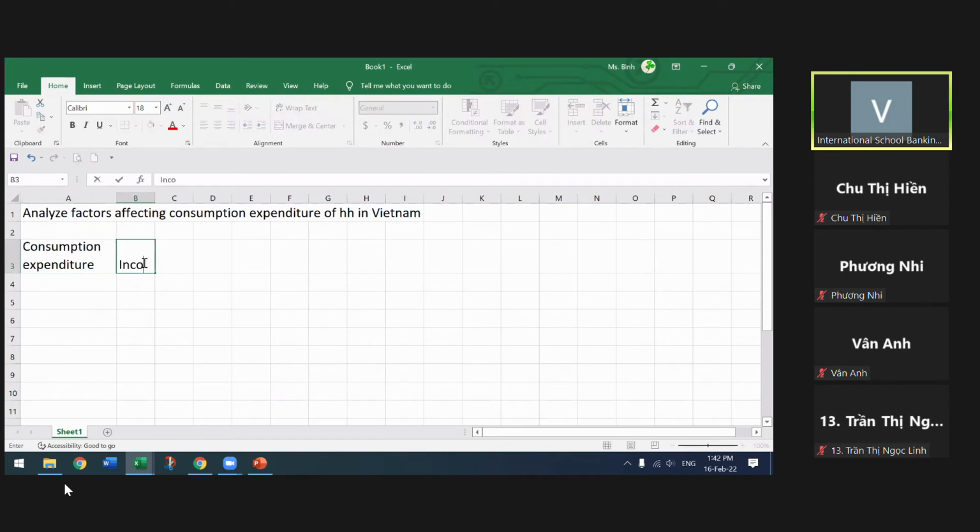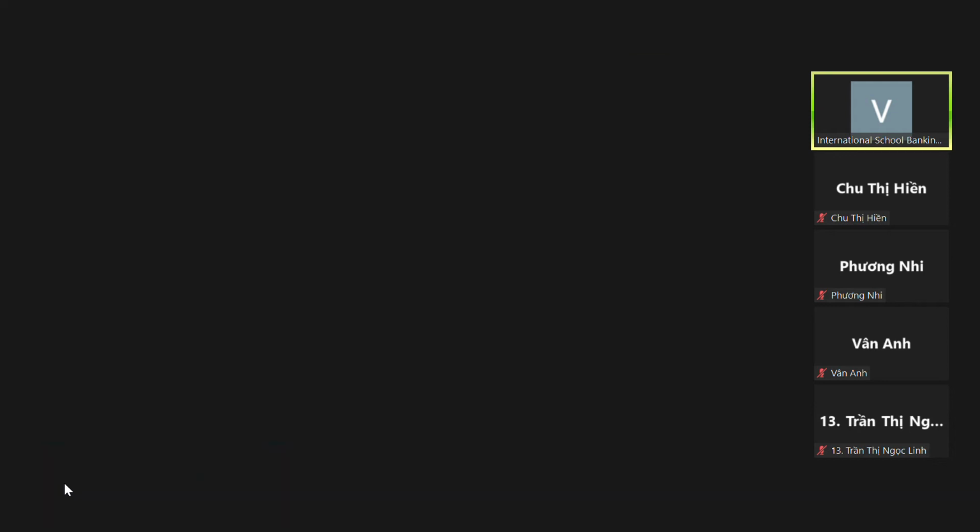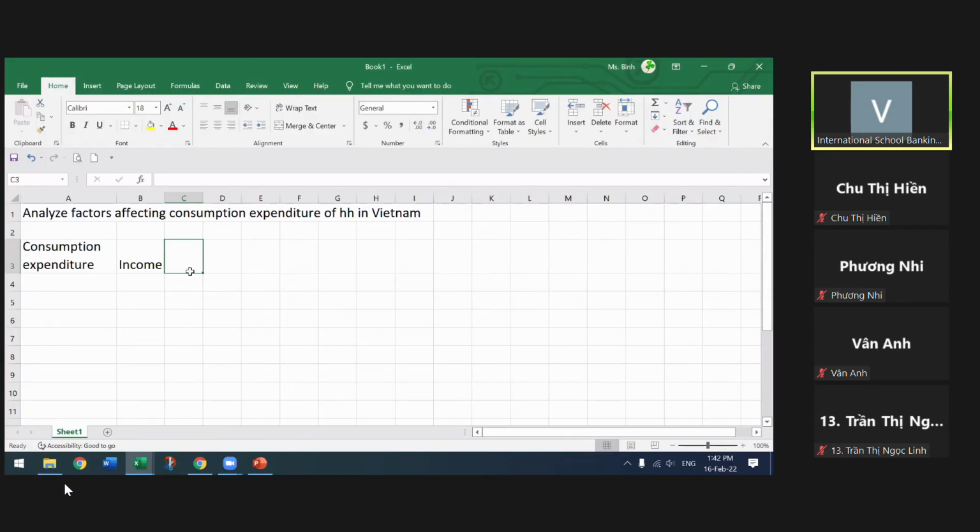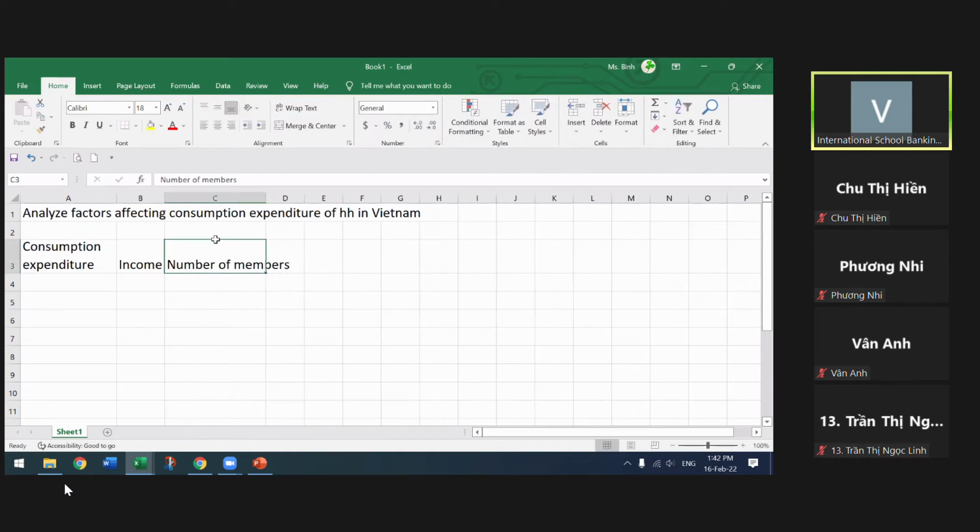The first one is income of the family. The second one is the number of members in that family, right?